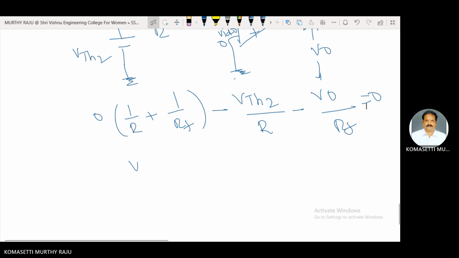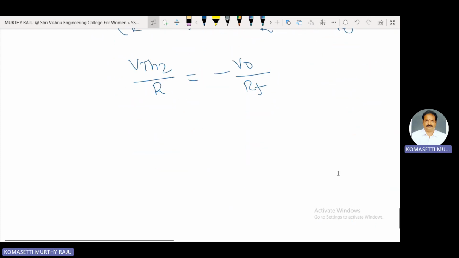Therefore, VTH2 by R is equal to minus V0 by RF. Therefore, V0 is equal to minus RF by R into VTH2.